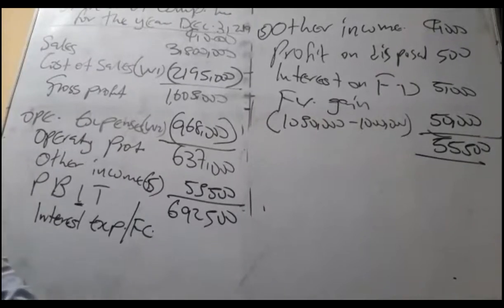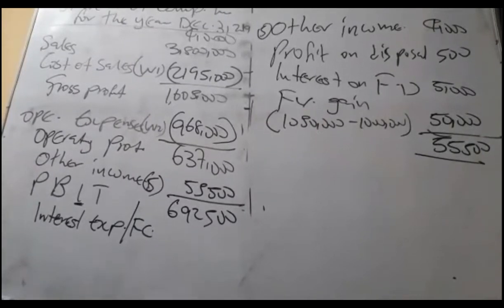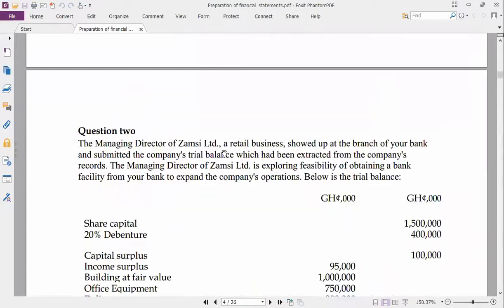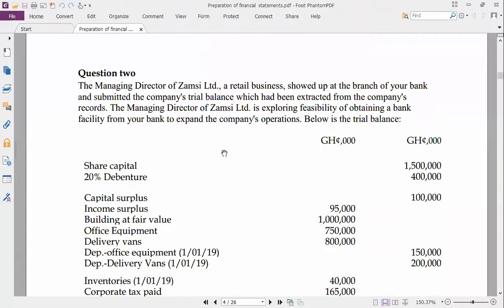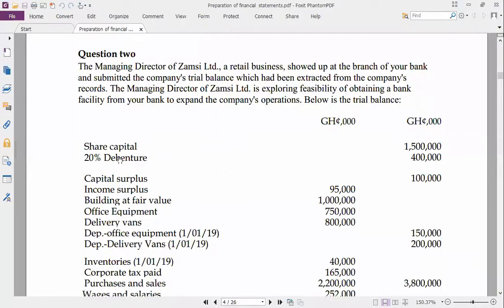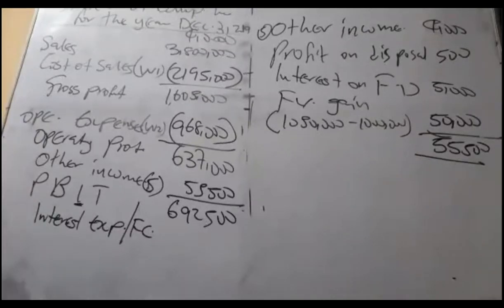If you go to the face, let's check the debenture. 20% debenture, so we can calculate the interest ourselves. Once the percentage is there, we have to calculate the interest ourselves. So 20% on the 400,000 will give us 80,000. So that's the interest expense.